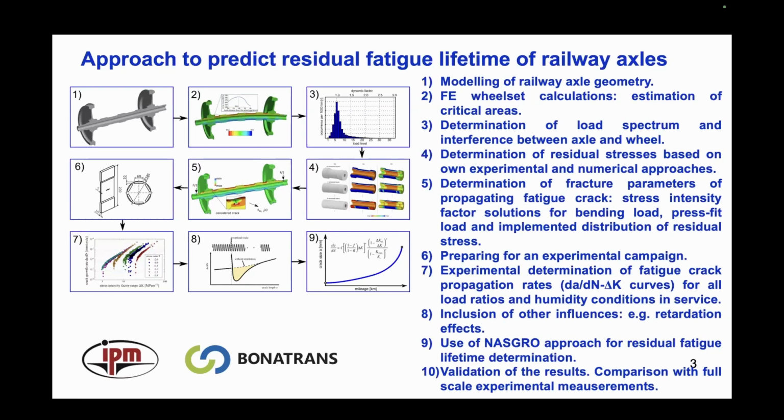So we have to take a real geometry. We have to consider the real geometry of the axle and the wheels and other parts, and then we find, by some basic finite element analysis, critical spots, critical places on the axle surface. We consider loading spectra. An important part of the analysis is to know the distribution of residual stresses across the cross section of the axle.